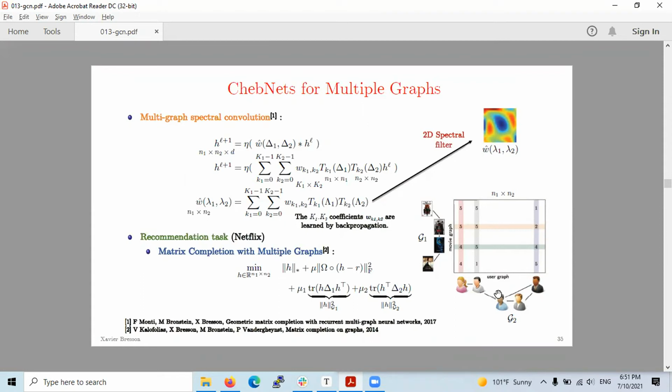I didn't really understand the mathematical nature of it, but it's an application of the ChebNets for the Netflix recommendation task, wherein multiple graphs were used, in the sense the graph of movies and the graph of users, and it was applied simultaneously, and the weights were learned for these two graphs together. This is how ChebNets were applied for this particular application.